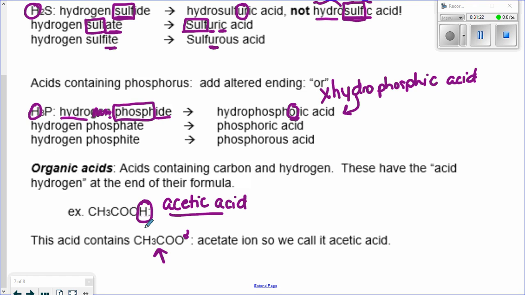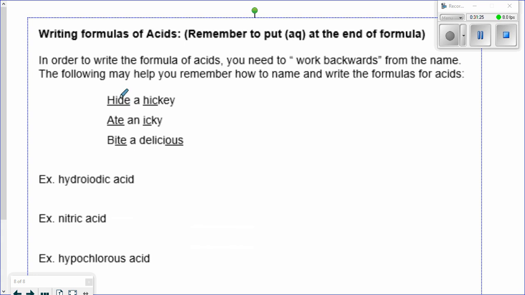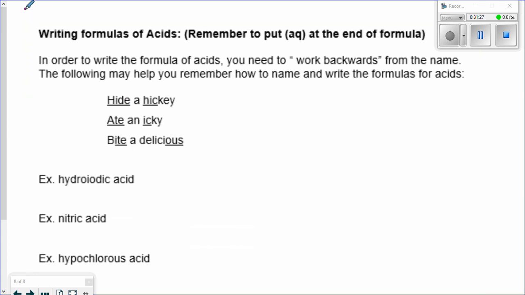Writing the formulas is kind of a working backwards process. As I've mentioned before, Alana loves weird ways to remember these things, so this is actually from her. In order to write the formula of acids, you need to work backwards from the name. The following may help you remember how to name and write the formulas for acids. She says, hide a hickey.